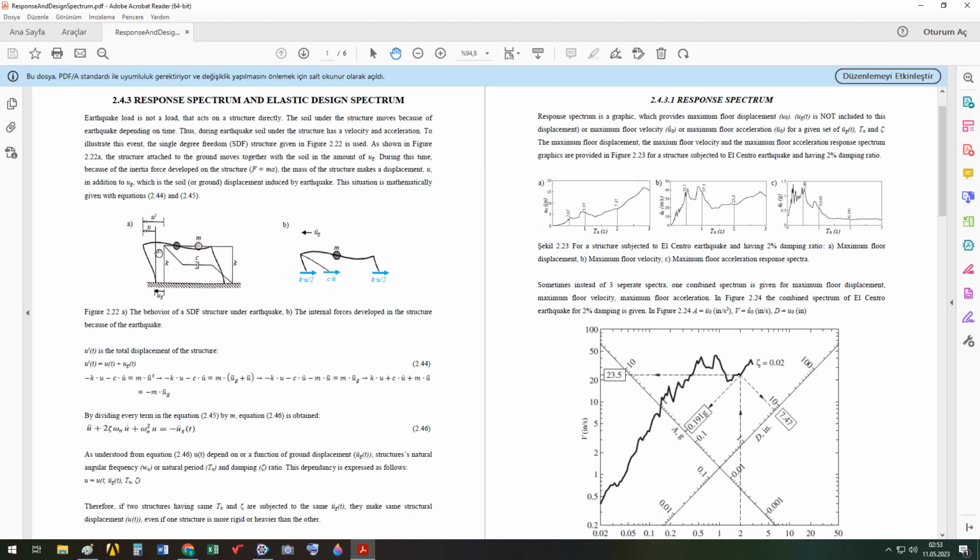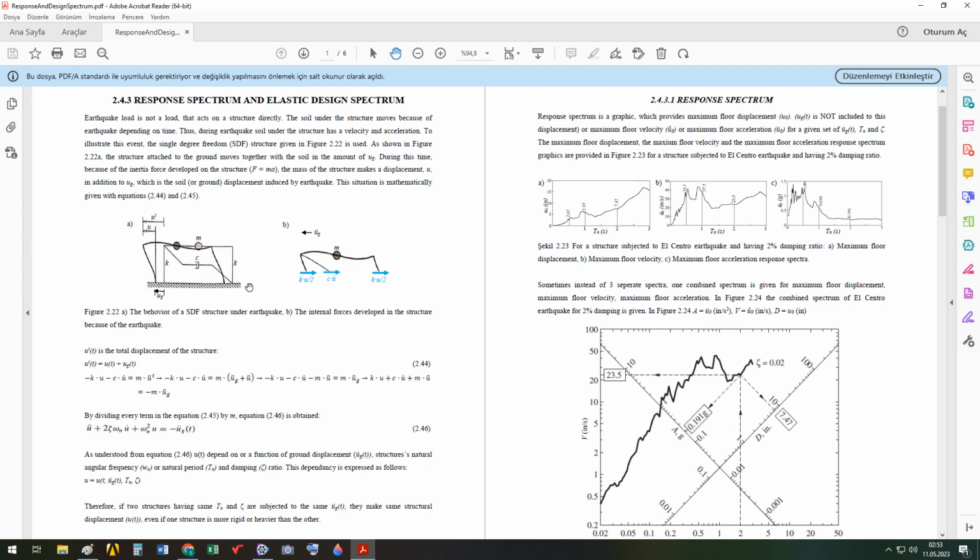So as a result, we get this shape, which is the combination of earthquake movement and its effect, as if an F force acts to the structure. Here A is the acceleration acting on the M mass.